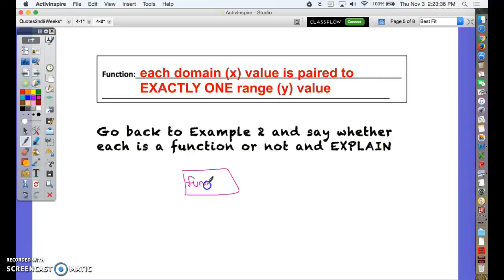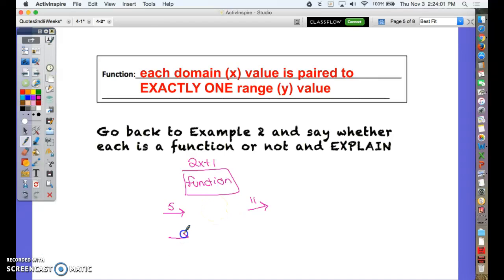It takes something, you put it in, and you get an answer out. An example of a function would be like 2x plus 1, okay? So if I put in 5, 5 times 2 is 10, 10 plus 1 is 11, I would get out 11. The domain of x, being 5, would give me a range of y, being 11.